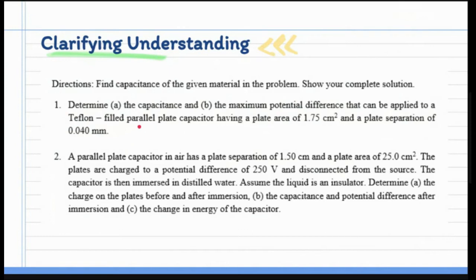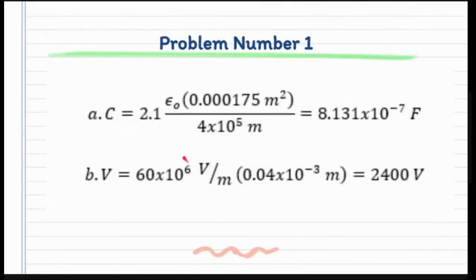How do we do that? We need to determine the capacitance of our capacitor. The dielectric constant of Teflon is 2.1, and we converted 1.75 centimeter square to meter square, and of course our distance.